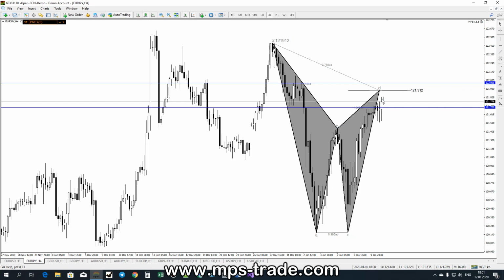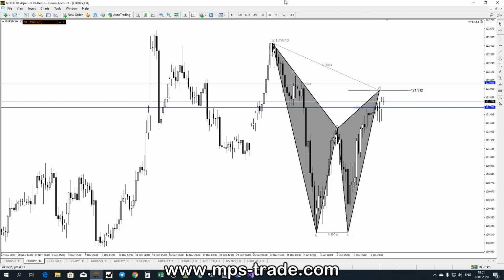So do we have a breakout of the lower support resistance level? I would say not yet, because according to my rules we should have a candle that has a powerful bull close above this level. So what is a powerful bull close and what is a powerful bear close?